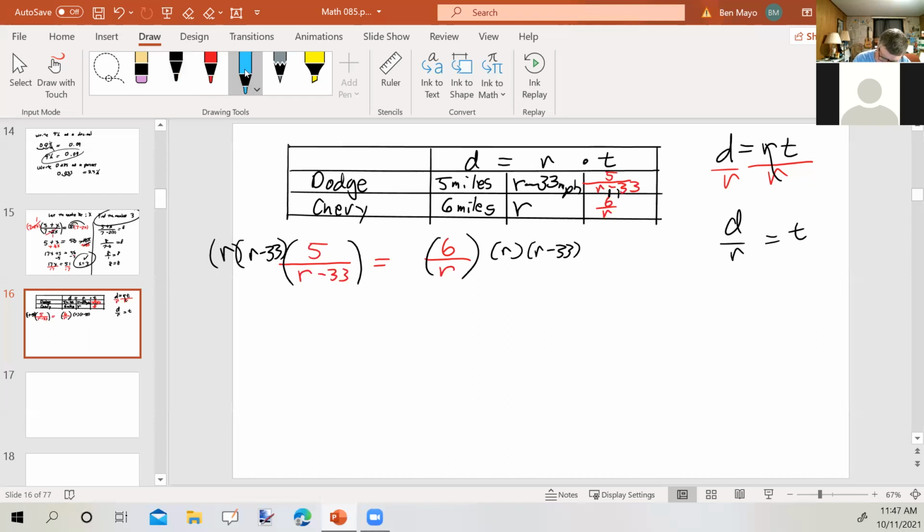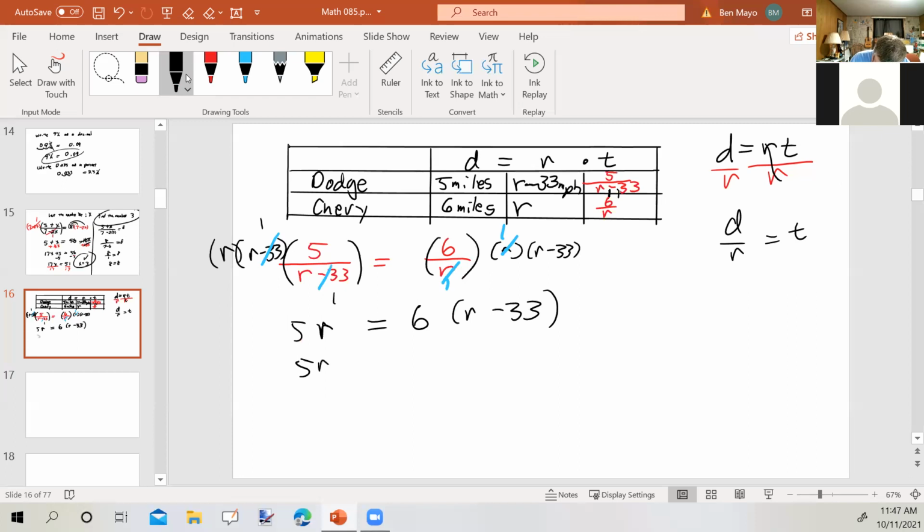On the left side, the R minus 33s reduce out down to 1 over 1, and I'm left with 5R. On the right side, the R on top and the R on the bottom reduce down to 1 over 1, and I'm left with 6 times the quantity R minus 33.